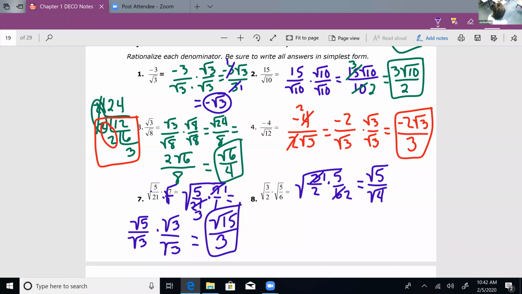What do you notice about that? What is the square root of 4? It's a perfect square. I don't even have to rationalize on this one. This is just going to turn into square root of 5 over the whole number 2.